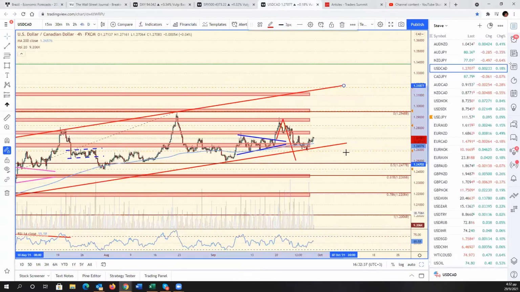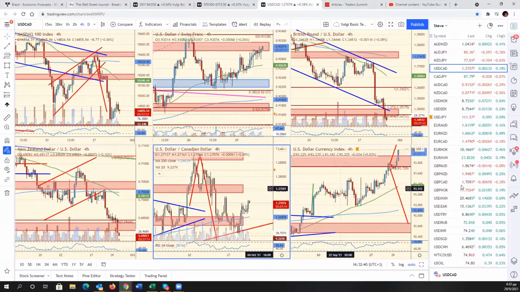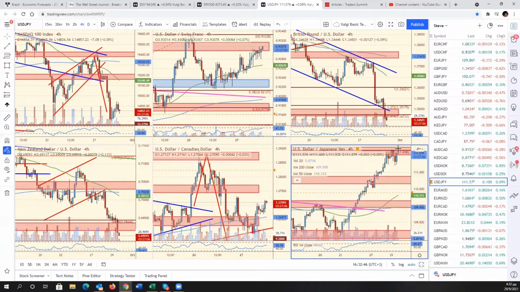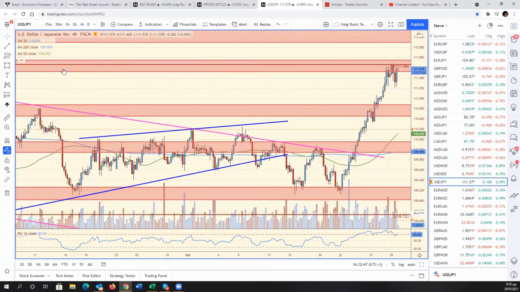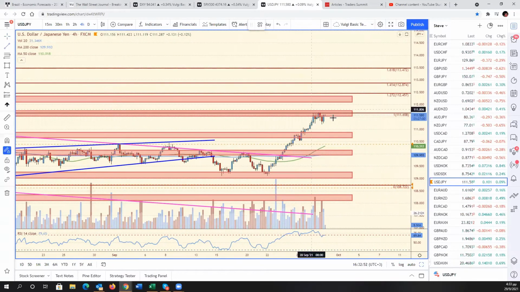Now, having to do with USD yen, where are you? Here you are. We are producing what looks to me like a corrective consolidation. Now, is it going to be a pennant? Is it going to be a flag? But I don't see anything bearish here.